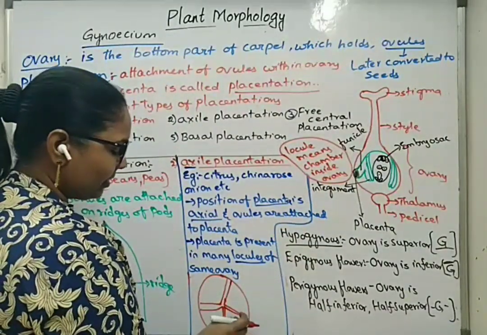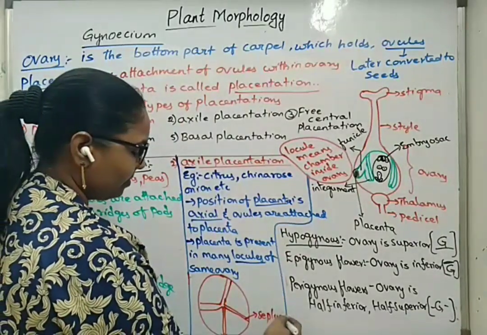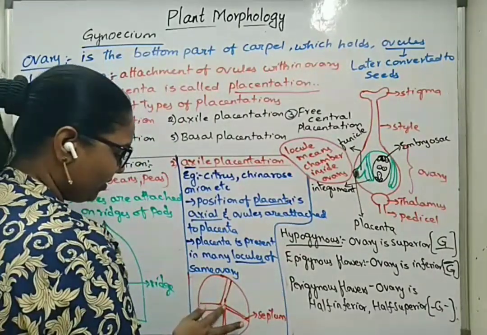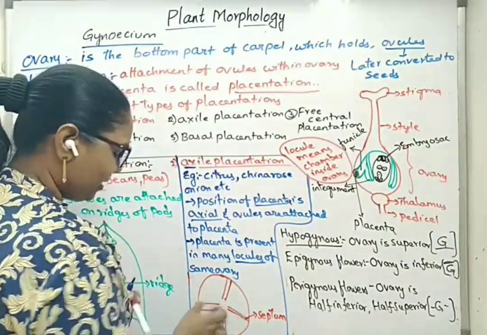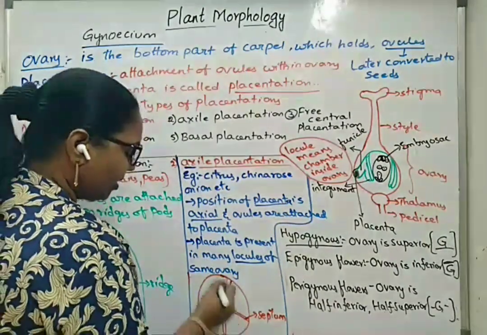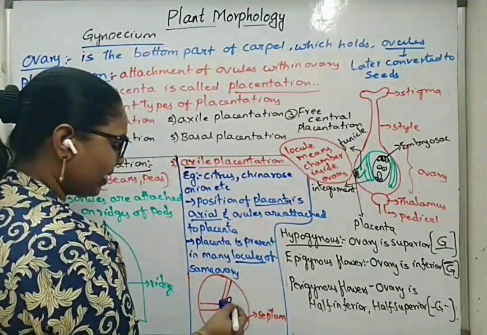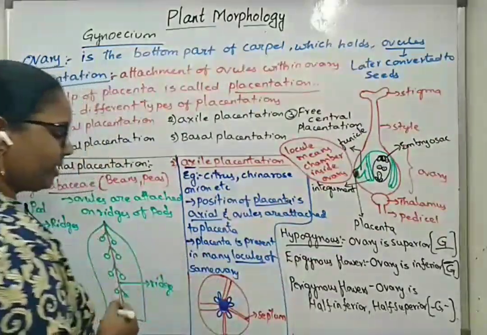Each chamber is separated by a septum. The central part has the placenta, to which ovules are separately attached in each chamber. Like this.